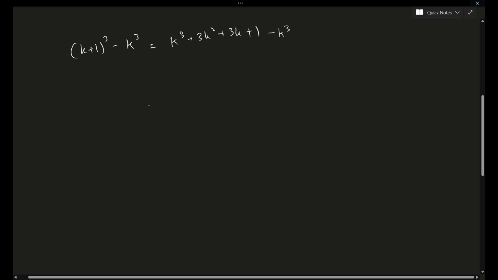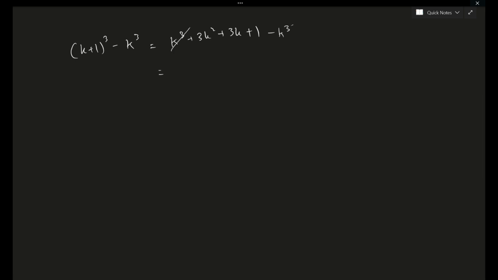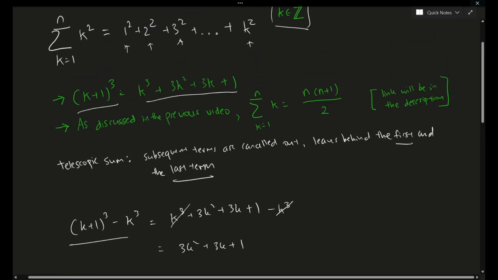This cancels out, so this gives us 3k squared plus 3k plus 1. Now we'll be doing the telescopic sum, the summation of this thing, (k plus 1) cubed minus k cubed.